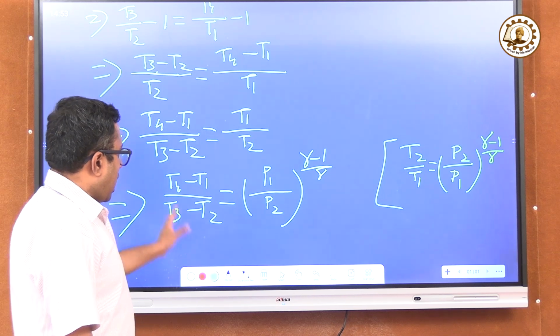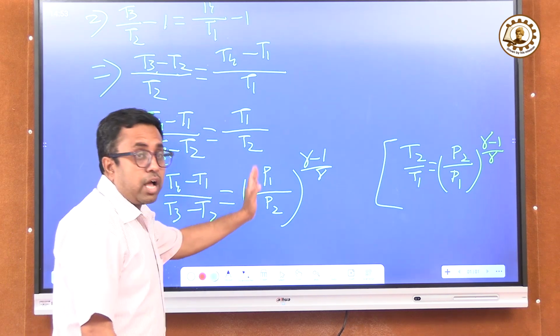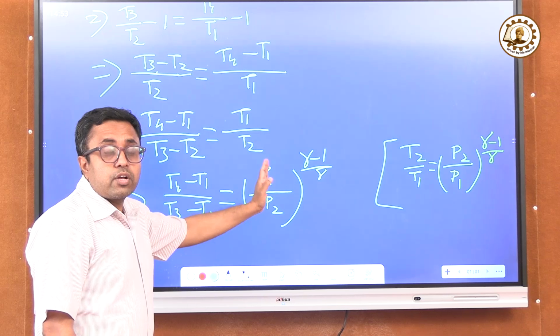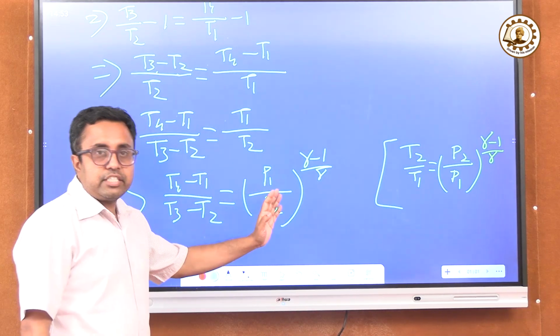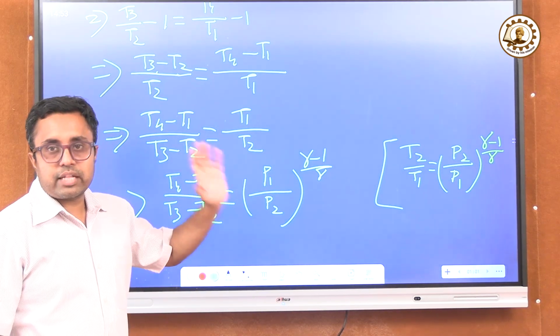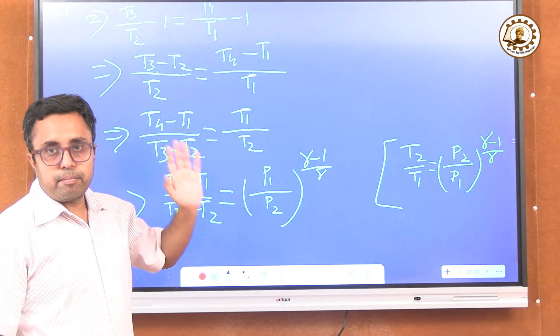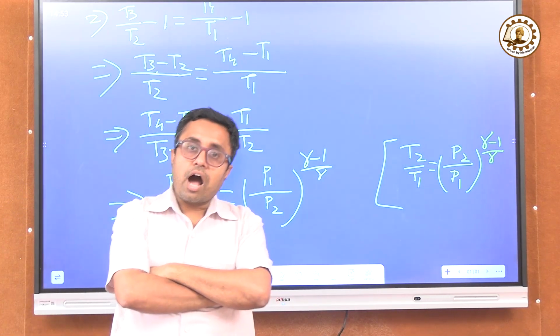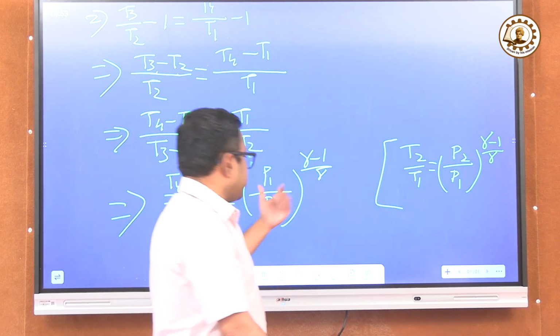We know the compression ratio, that means Rk is equal to V1 by V2. Then how can we find it from that?